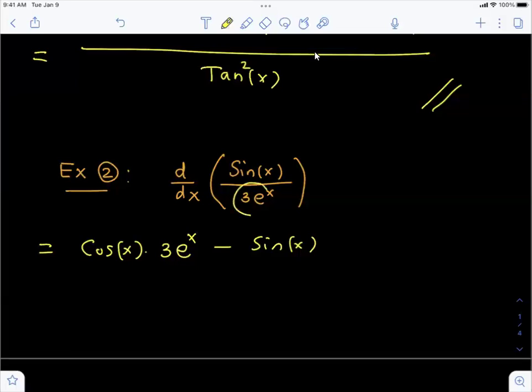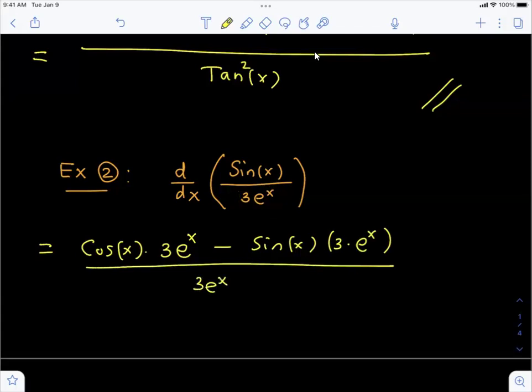So this derivative has the constant multiple rule, where you have just 3 times the derivative of e^x, which happens to be 3e^x itself, as it is. The whole thing is divided by the square of the denominator, the square of the entire function. So make sure that you put the square together, and that's our answer.